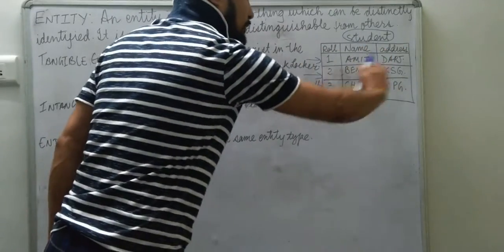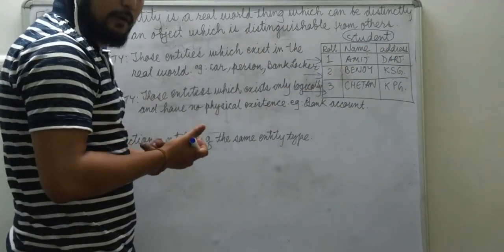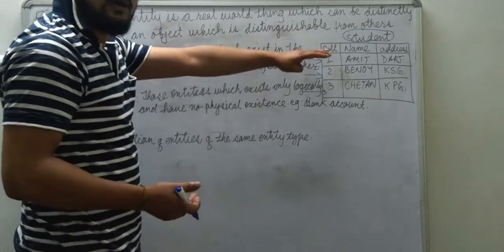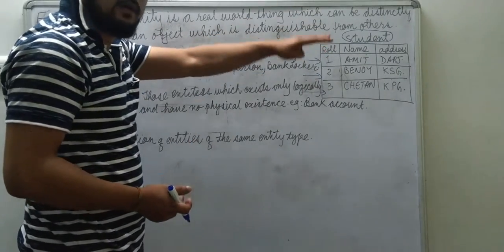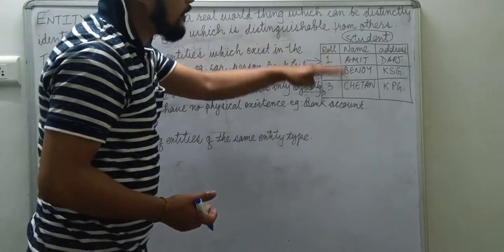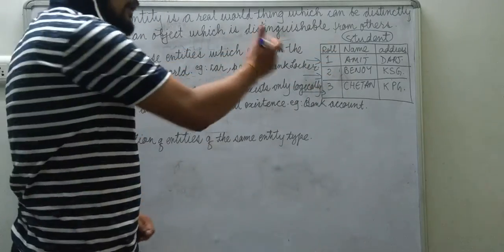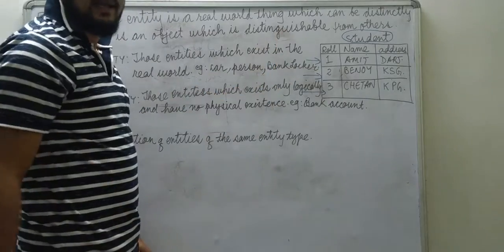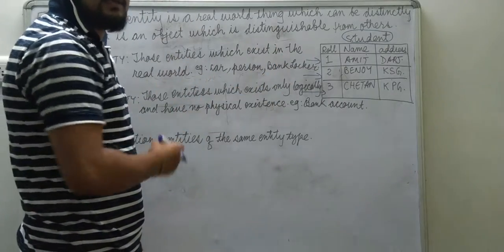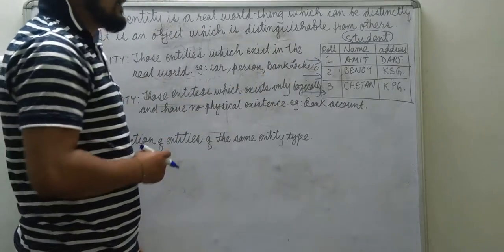Each and every row represents a record. A record means it is an object, and each and every one of these objects is different from the others. That is why we call it an entity. The object which can be distinguished is known as an entity.